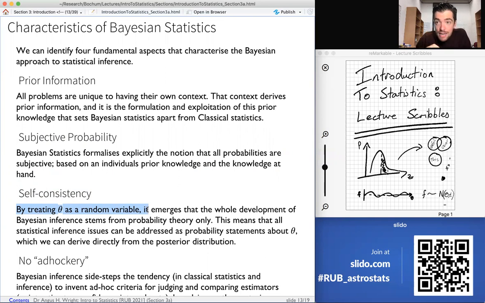We can formulate all of our beliefs, all of our data, and all of our inference about any model and any data given probability distributions. And we can then use those to create the posterior and then directly derive information from the posterior.